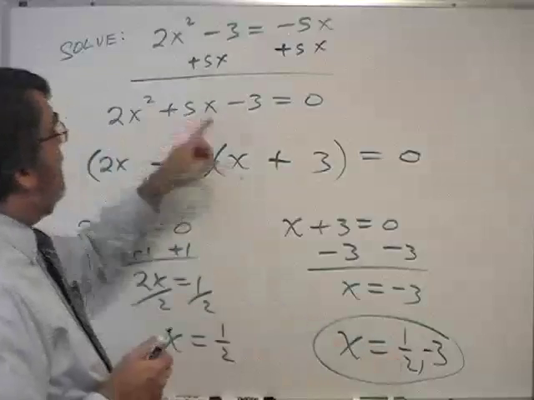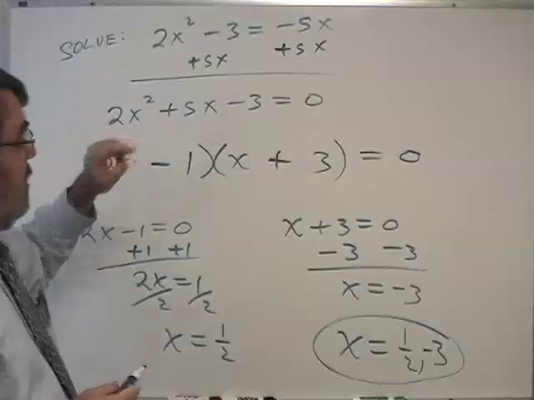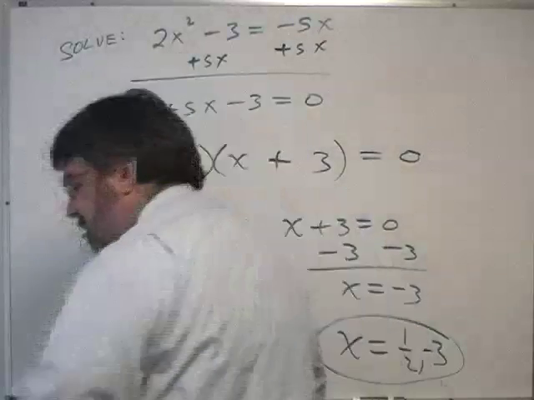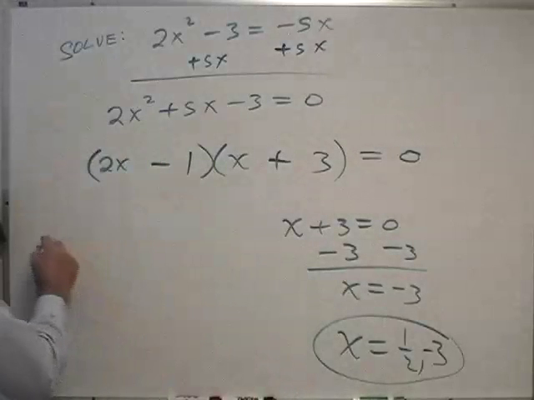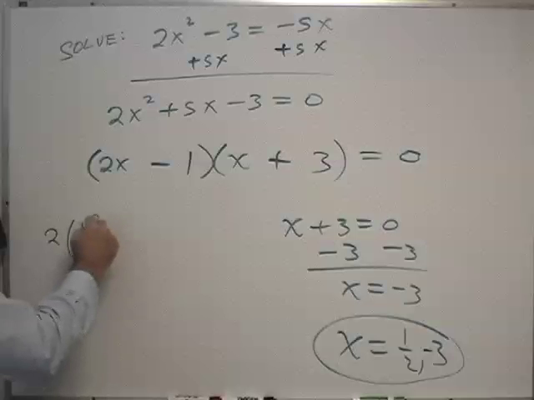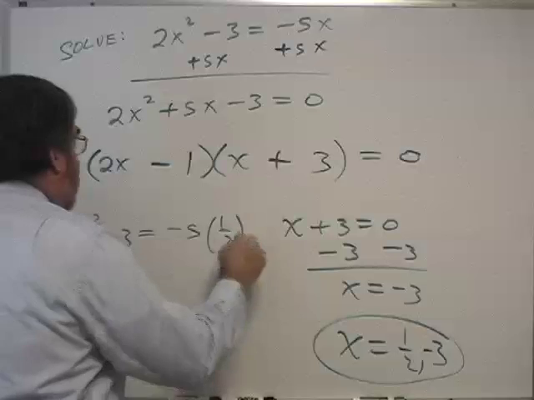If I plugged 1/2 in, oh, it's a little harder to figure. Let me see. 1/2, let me make room and I'll check 1/2. 2 times 1/2 squared minus 3 should equal -5 times 1/2.